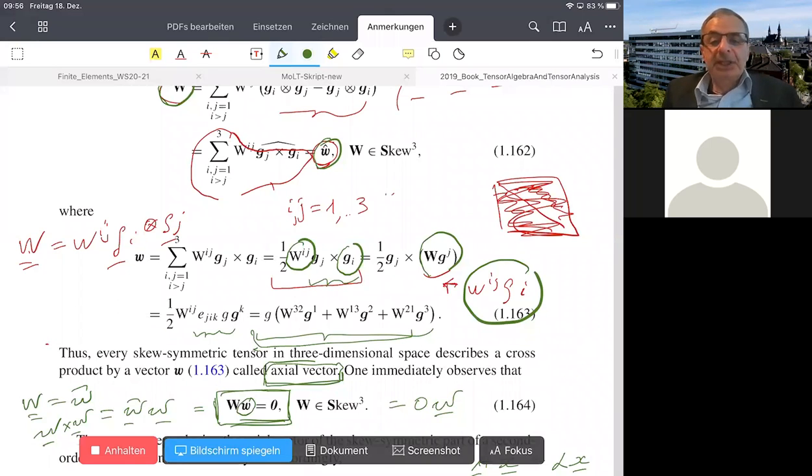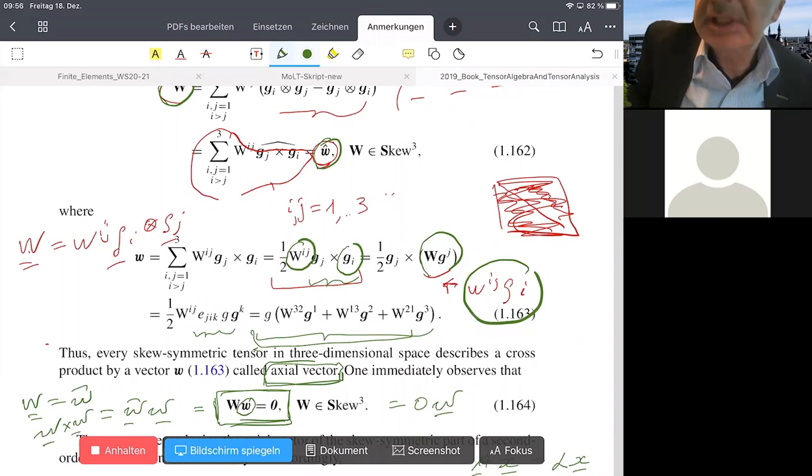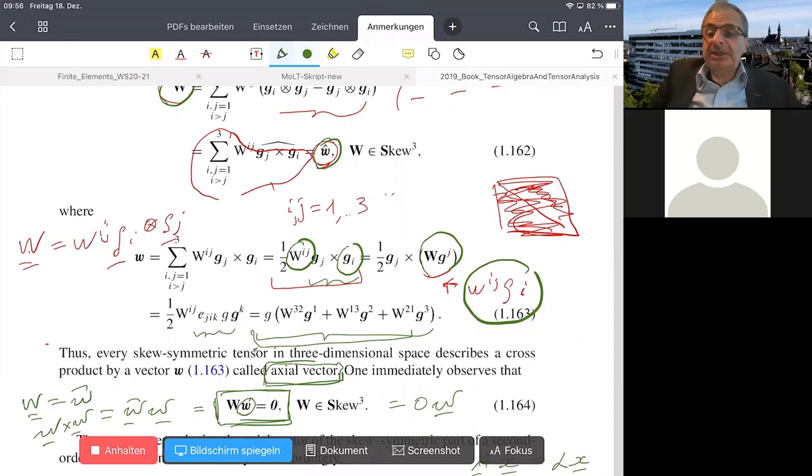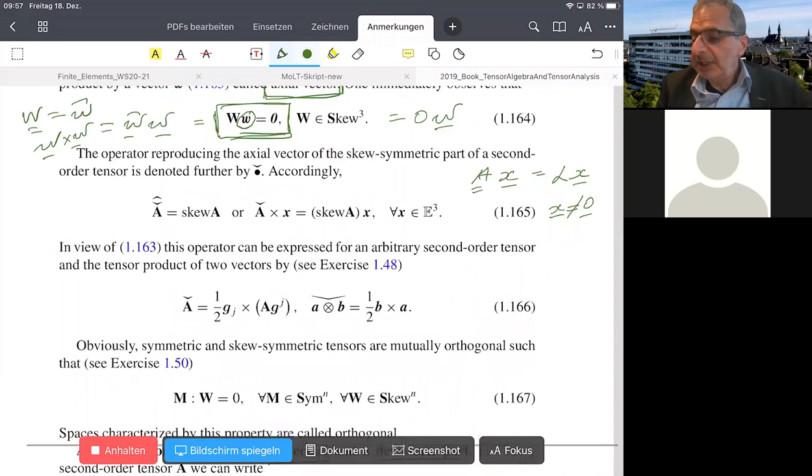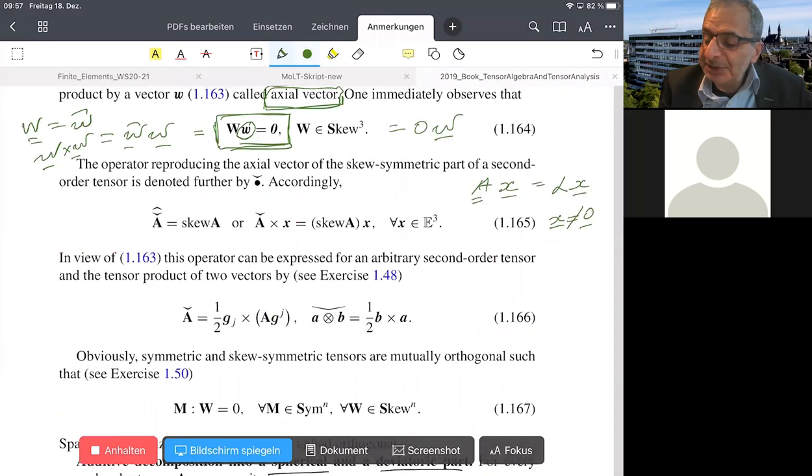And this I would like to formalize. I would like to establish, to define such an operation of taking the axial vector. But the problem is that we cannot do it generally for any arbitrary tensor. We can do it for a skew-symmetric one. That is why we define a new operation, and this operation is denoted.